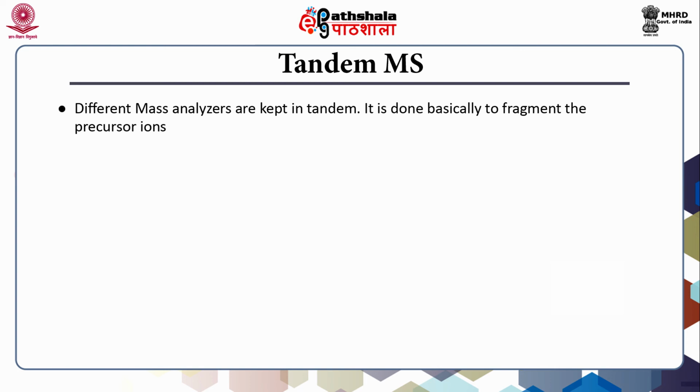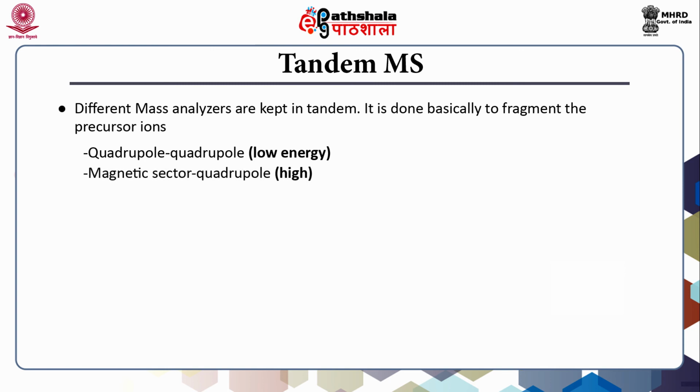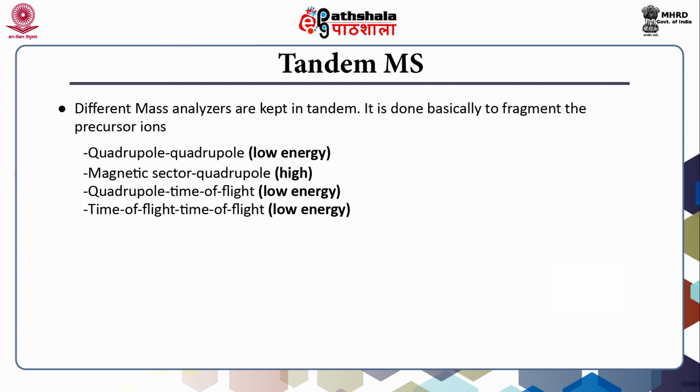So, different mass analyzers are kept in tandem in a tandem mass spectrometer. It is done basically to fragment the precursor ions, and they may be combined in different combinations like quadrupole, magnetic sector quadrupole, quadrupole time of flight, time of flight. In this, all ions are separated by fragmentation. What is fragmentation then?